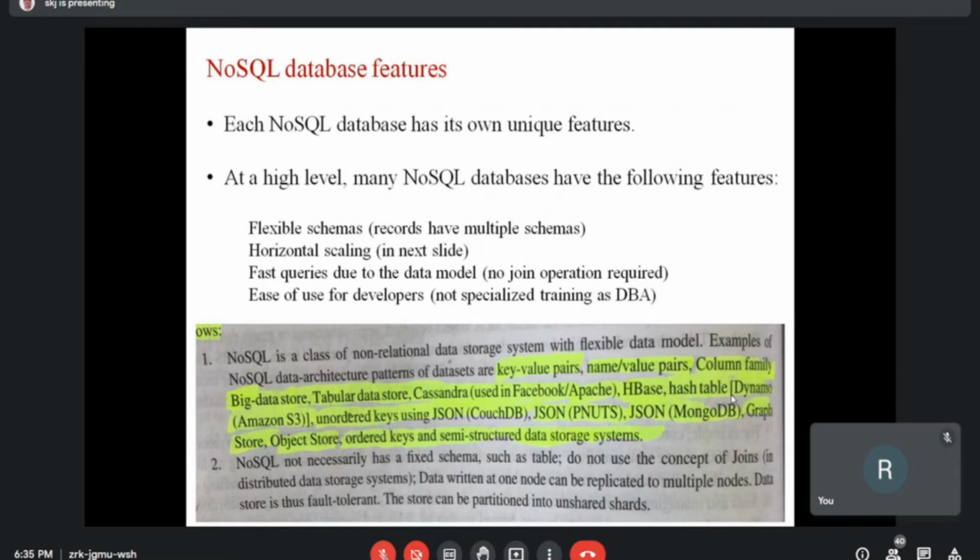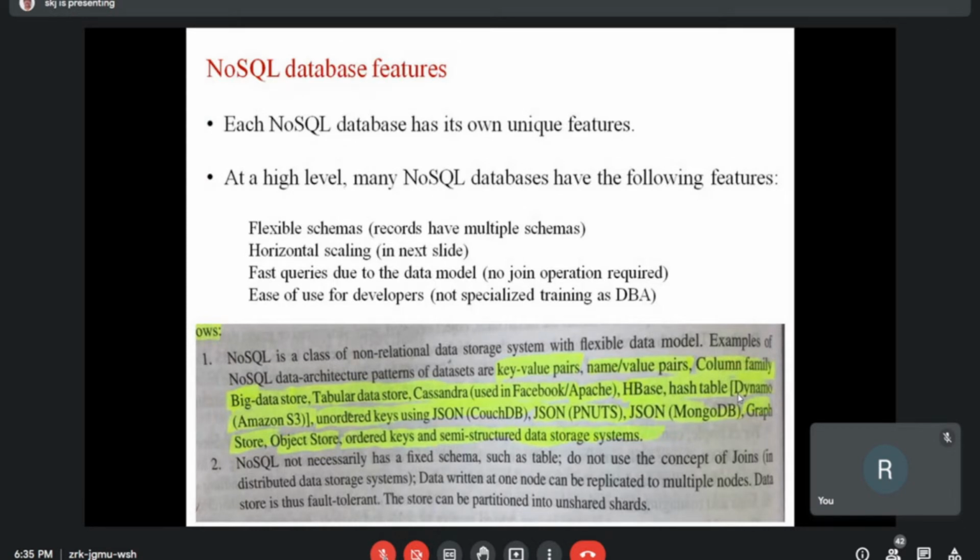So, NoSQL database features: each NoSQL database has its own unique features. At a high level, many NoSQL databases have the following features. If we talk about one specific NoSQL database, then its features will be explained separately.